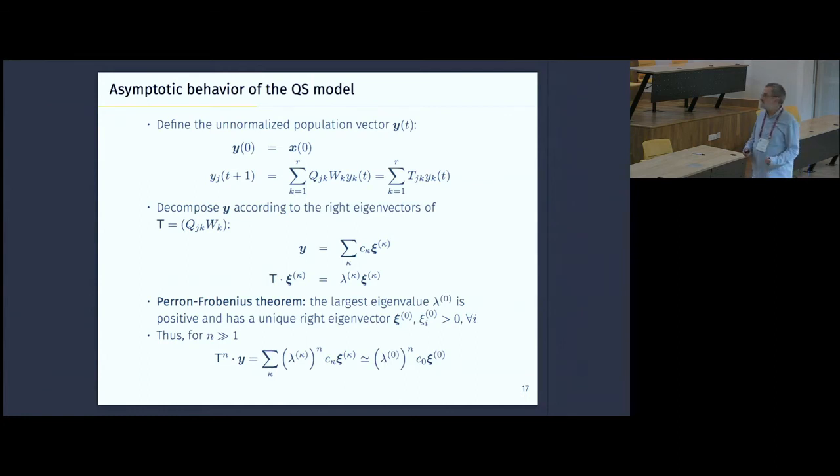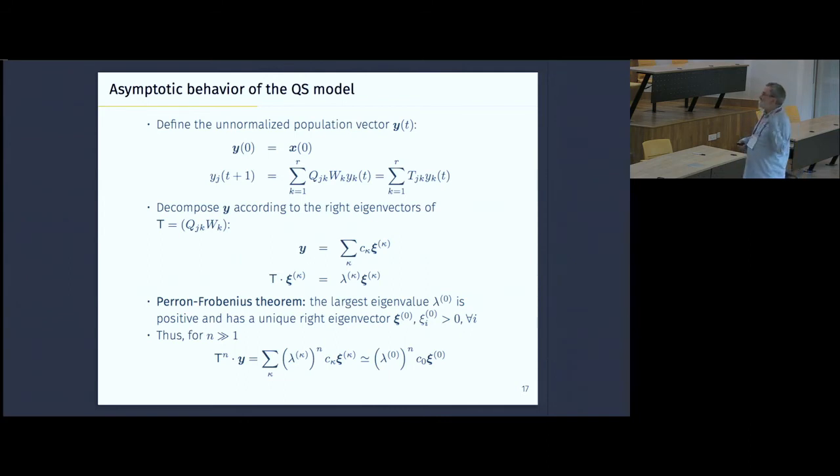So now we have this iteration equation. You see, there is a matrix T. So this matrix has some right eigenvectors. We can decompose the initial condition into the right eigenvectors of this matrix, such that if you apply this matrix to this right eigenvector, we obtain the same eigenvector multiplied by some constant lambda, which depends on the eigenvector.